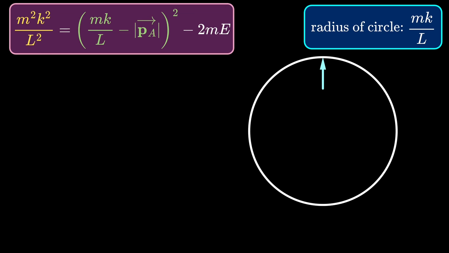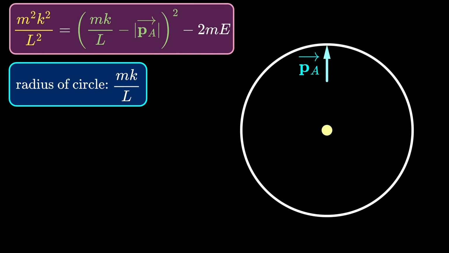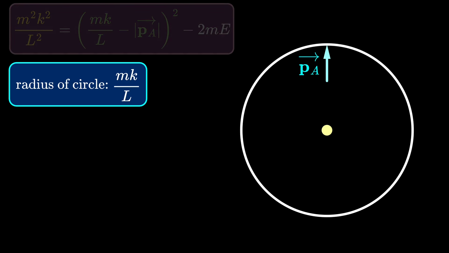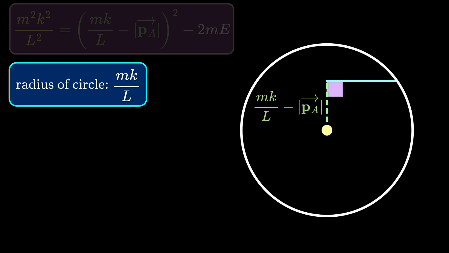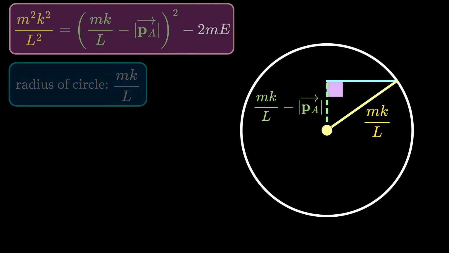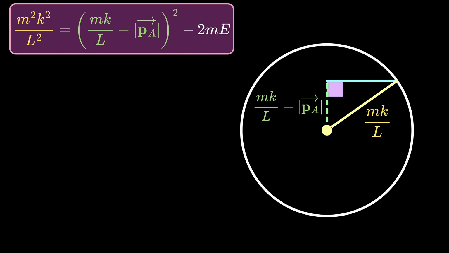What follows is a geometric meaning to all these. Since the radius of the circular hodograph is mk over L, this segment has length mk over L, so the green segment has length mk over L minus PA. Now let's draw a perpendicular line to intersect the circle. Since the hypotenuse of this right-angle triangle is the radius, it has length mk over L. We can finally try to interpret this relation we derived before.